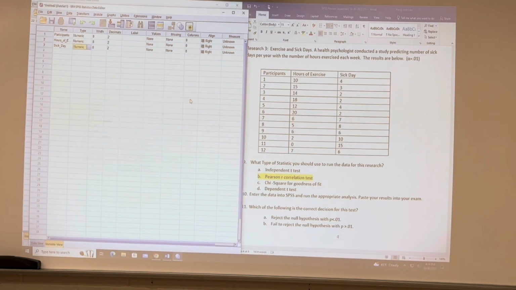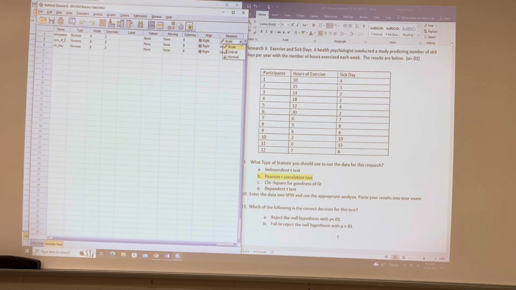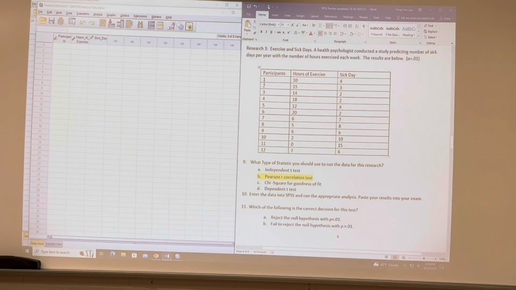For this one you don't need to set up the values, I didn't give you anything to set up, but you put the measure: nominal for participants, scale, and scale. Okay, the data.